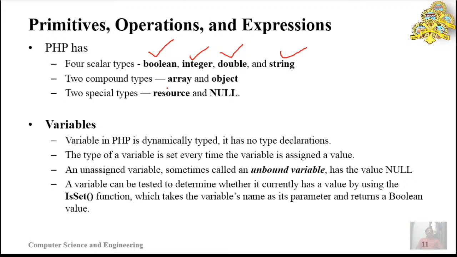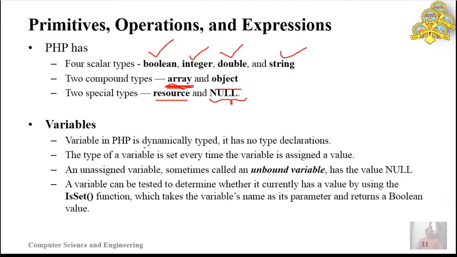Compound types are array and object. As already told in the previous slide, array is one of the most important types, which provides support for handling very complex database objects or data. And two special types here are resource and null, which are quite understandable to you.